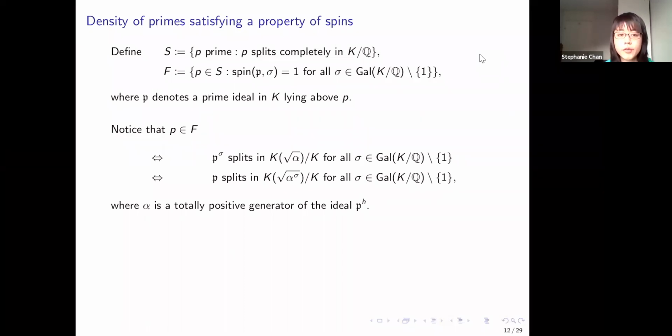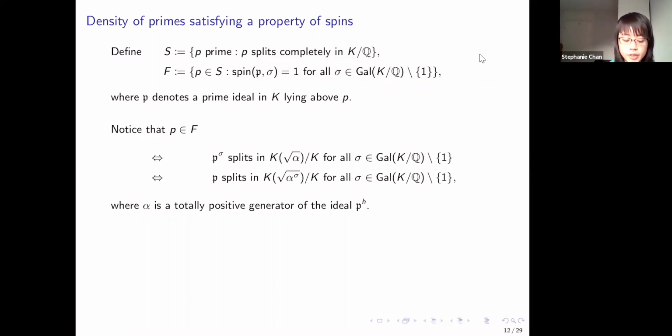And a different way to view this, because the spin is just a quadratic residue symbol: a prime is in F if and only if, and there are two ways to state this condition. One is when P sigma splits in K root alpha over K for all non-trivial sigma.